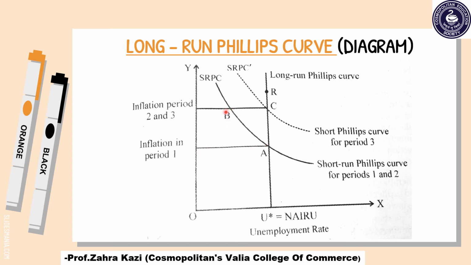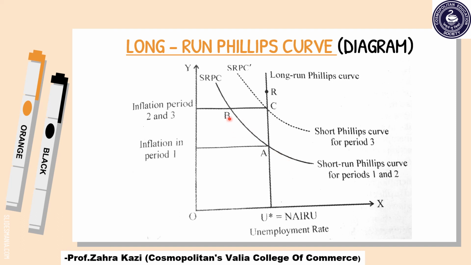Now in period 2 the inflation level has increased to this level while the unemployment rate has fallen from point A to point B. So now B shows the intersection. But the economy still remains on the SRPC curve, correct? We are still on the original SRPC curve that we had started with.